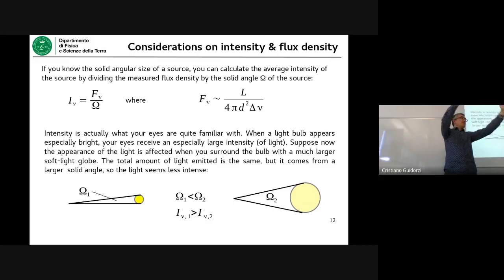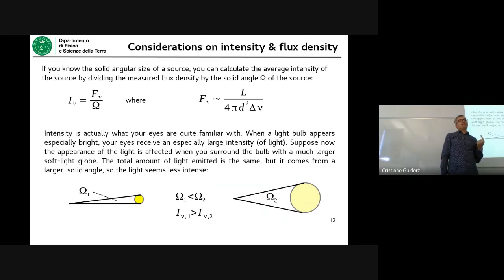You just put something, just make sure that the solid angle subtended by the source increases. The layman wouldn't say that. We are physicists, so we use a more rigorous language, but the action is the same. You spread the luminosity, the flux in particular, over a larger solid angle. So the intensity decreases. And you perceive it as less bright.